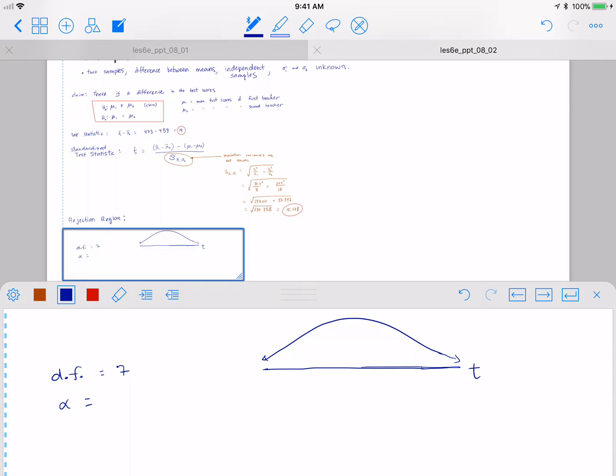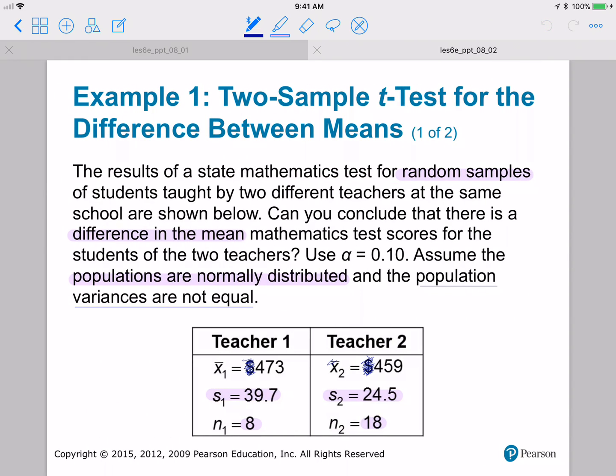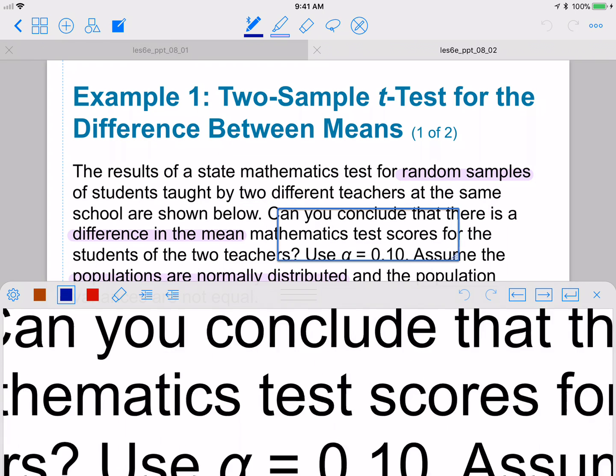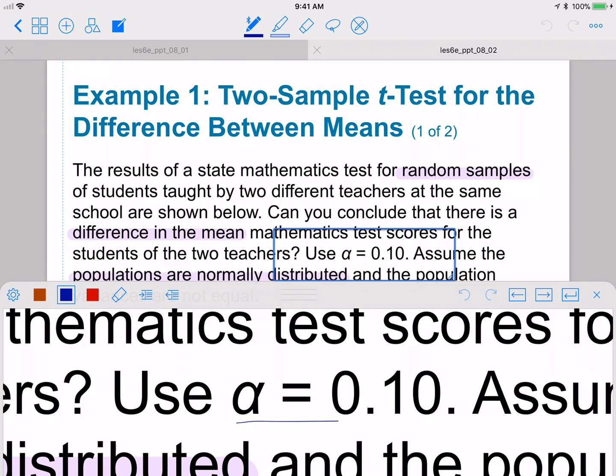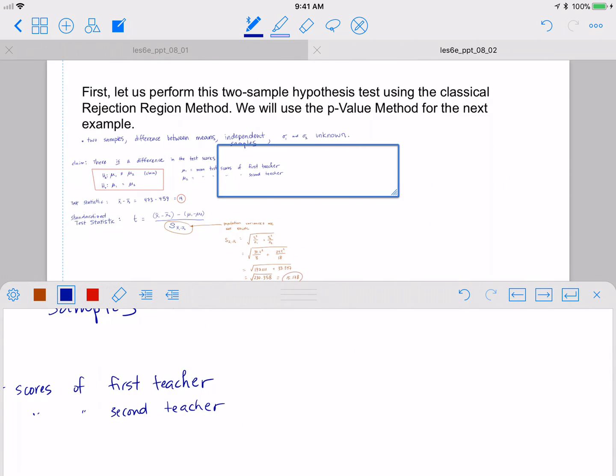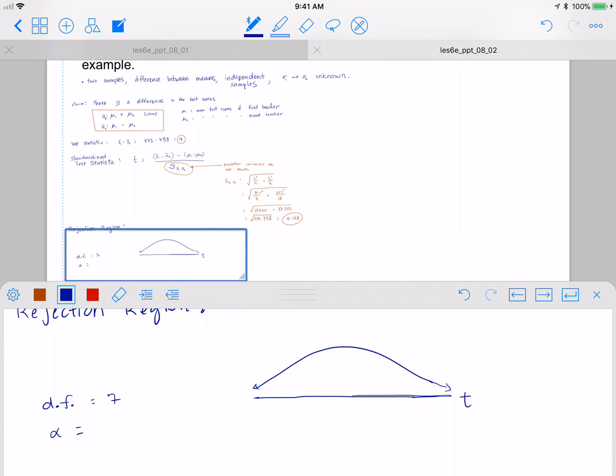The alpha is 10%, so alpha equals 0.1. And the last thing we need to know is what type of hypothesis test this is.